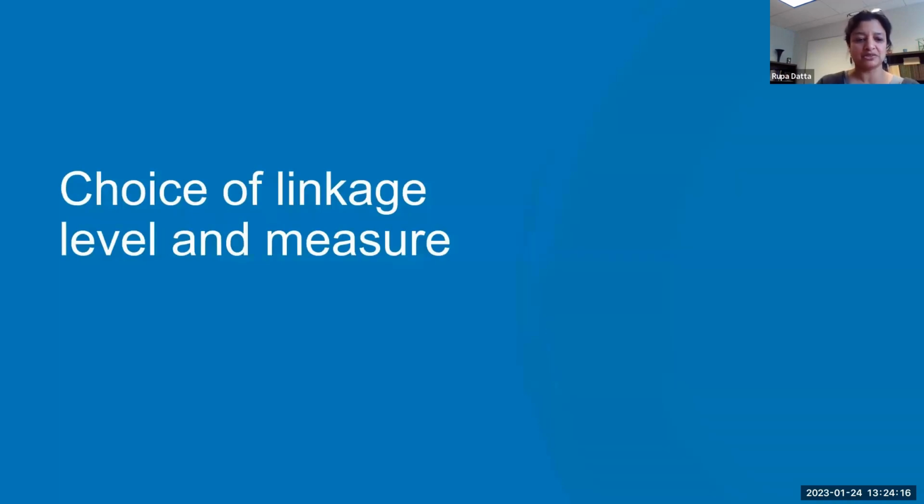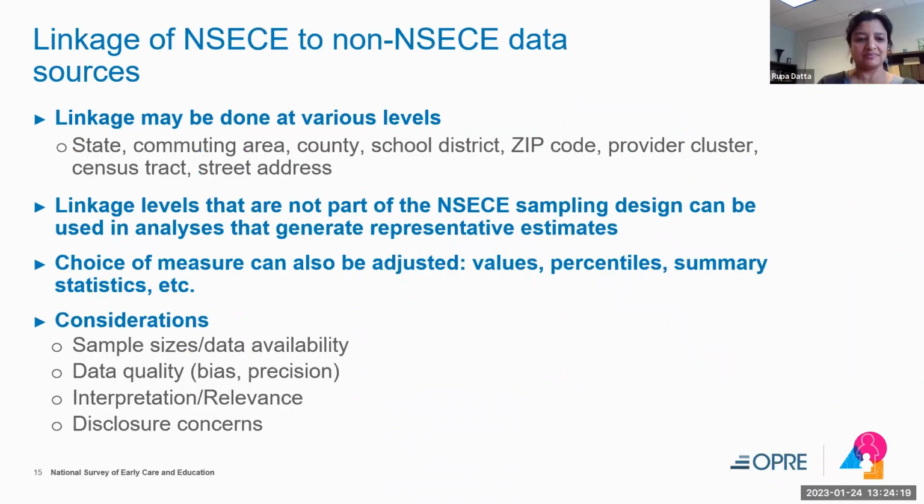So let's talk about choosing a linkage level and a measure. When we're linking NSECE data and non-NSECE data, the linkage can be done at many different levels. Some of these were the ones that you all mentioned. We have state, commuting areas, counties, school districts, zip codes.